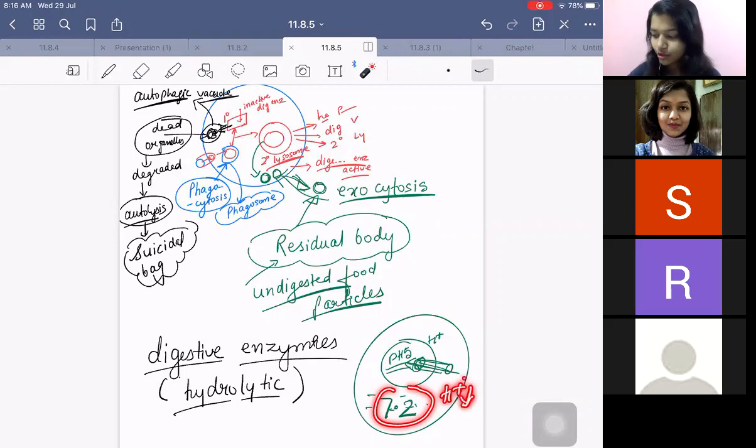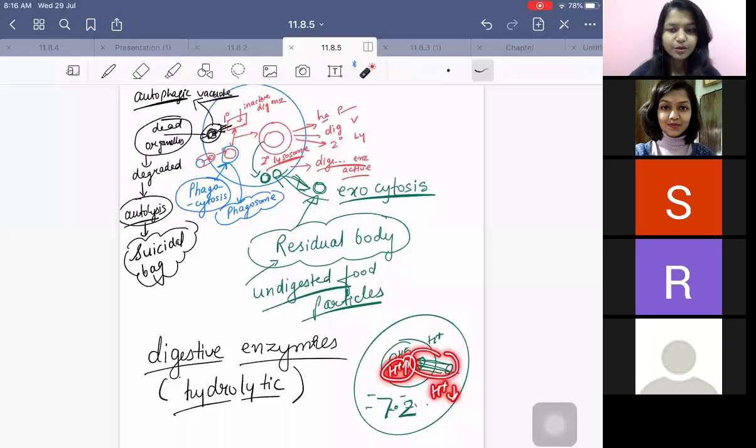But still, you are transporting it to lysosome from lower to higher concentration. Already it has some H+. So tell me, is it an active process or a passive process? From lower to higher, what should it be?